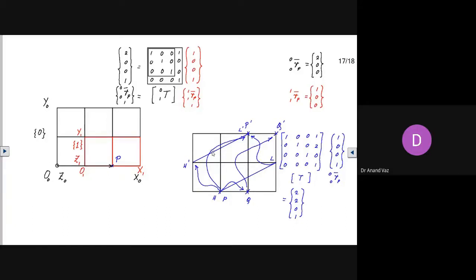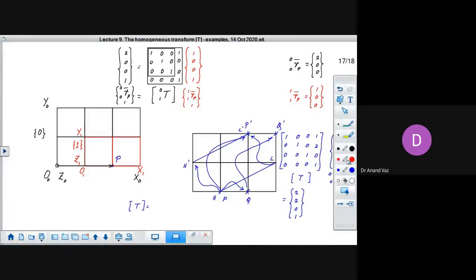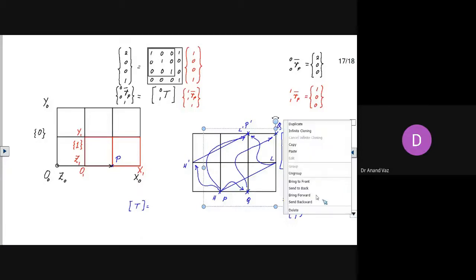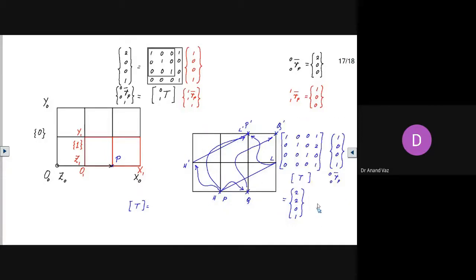Got it? So the transformation that would be required in this case would be what? Can you let me know? In fact, we could just take this part itself and just modify it.